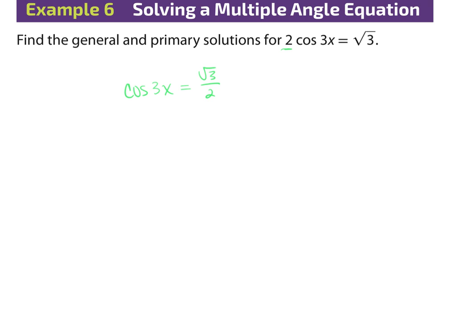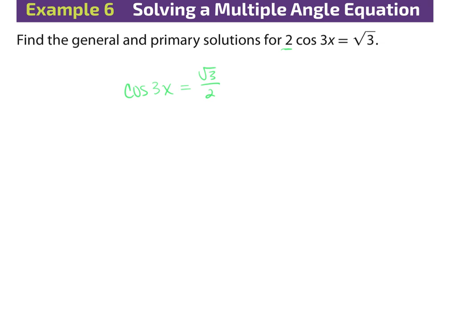So when you first do this piece of it, you are going to ignore that 3 in front of the x. You basically just want to say, okay, what angle will give me a cosine of square root of 3 over 2? All right, well, that's going to be your pi over 6s. Your 30-degree angles give you a cosine of square root of 3 over 2.